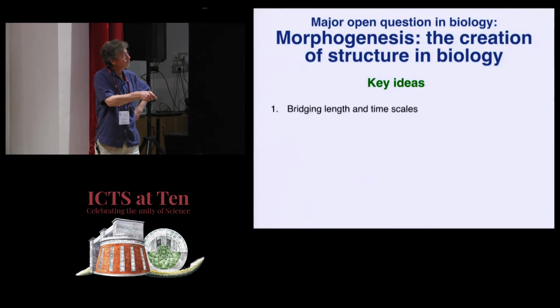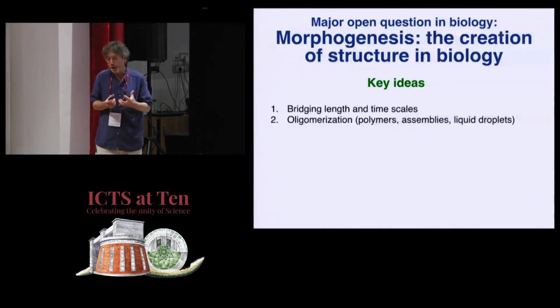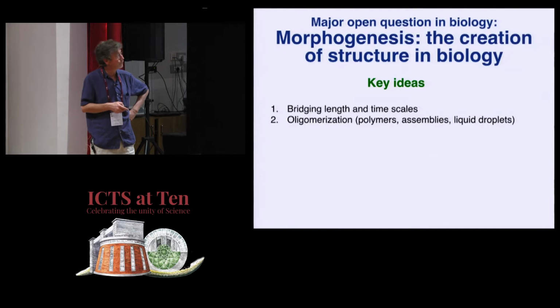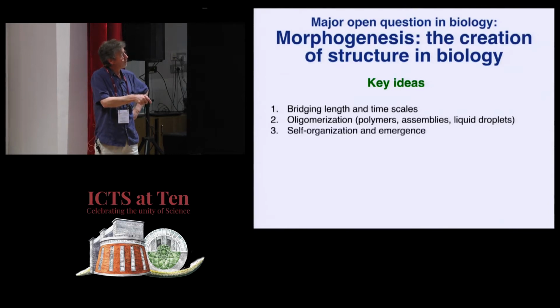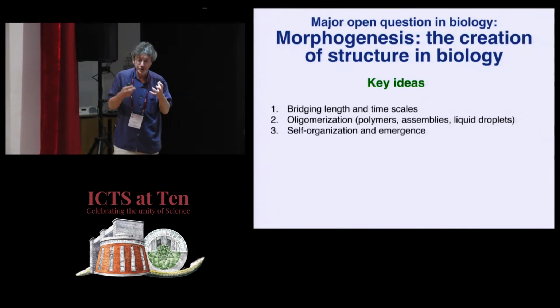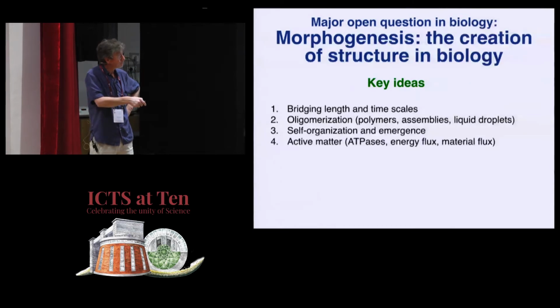Okay, so here are what I regard as the key ideas if we're going to understand morphogenesis. We've got to bridge length and timescales. Oligomerization is very important for polymerization, assemblies, liquid droplets, which have been very important in the last few years. Central to all of these ideas are self-organization and emergence, and that really is the key problem in biology, and we can say those words, but we really have no idea how to do it.